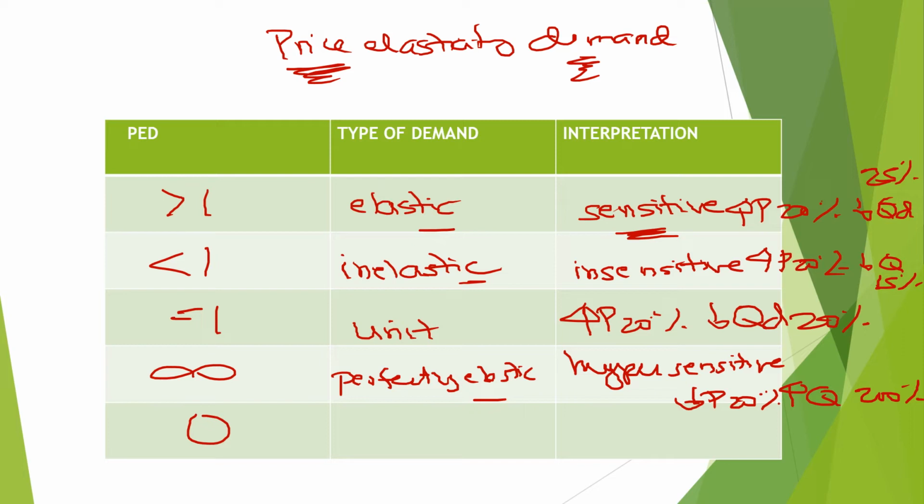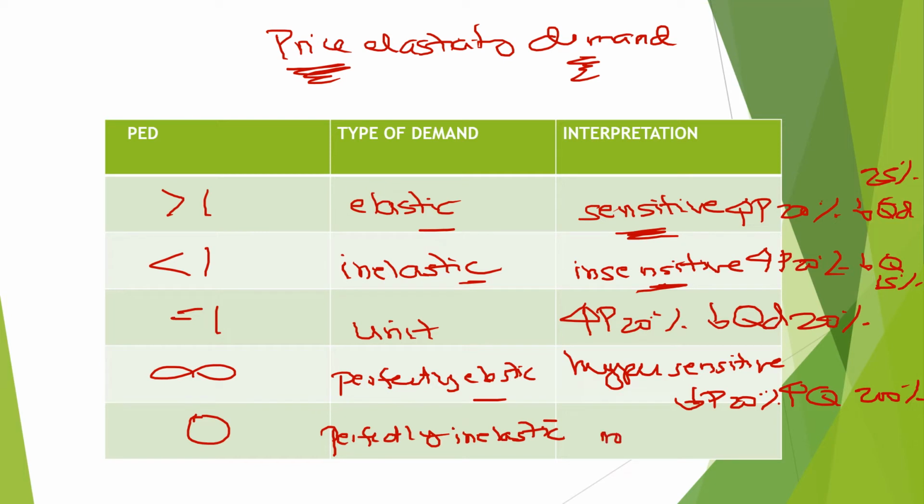Hypersensitive. Now, if your PED is equal to 0, or even if it's XED or YED, this type of demand is perfectly inelastic. Okay? So it's not just insensitive, it does not respond, the demand does not change at all. So it's like absolutely not affected by the change in the independent variable.